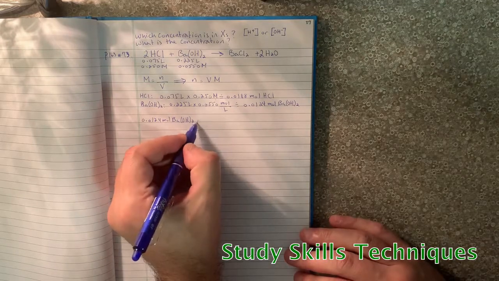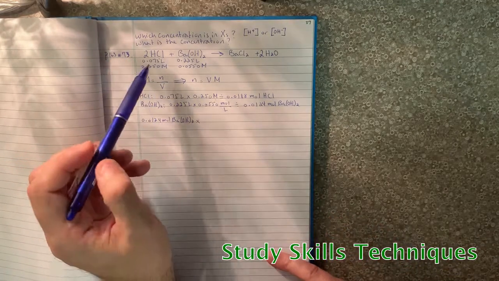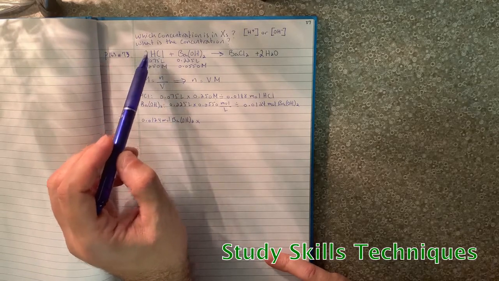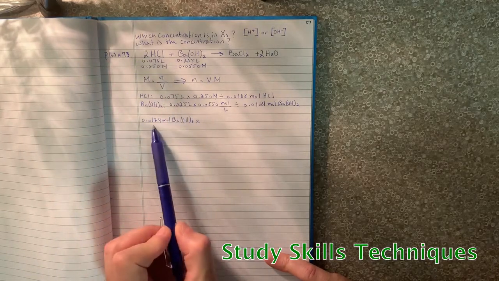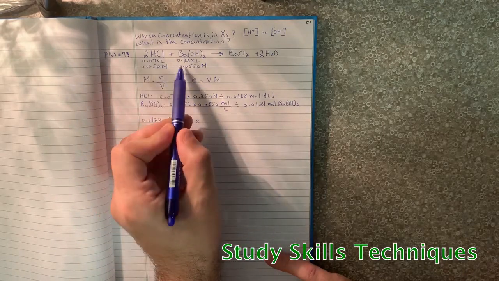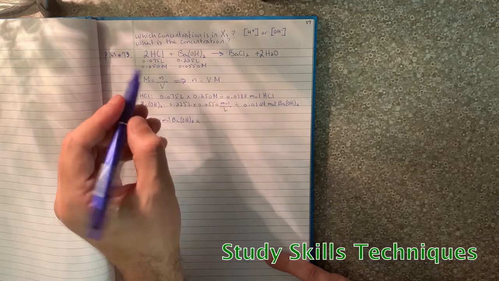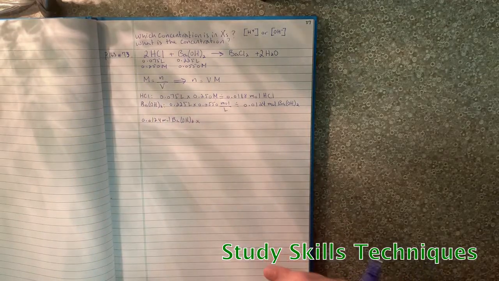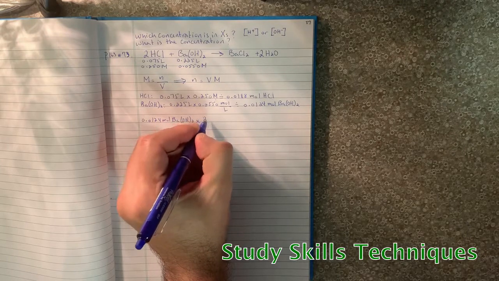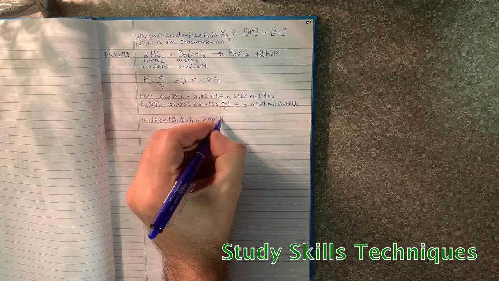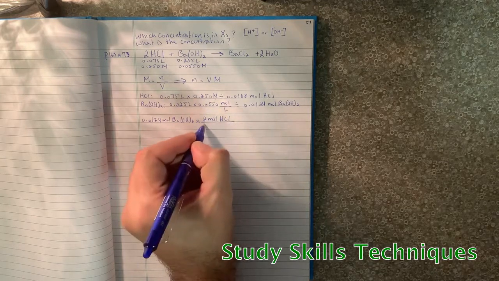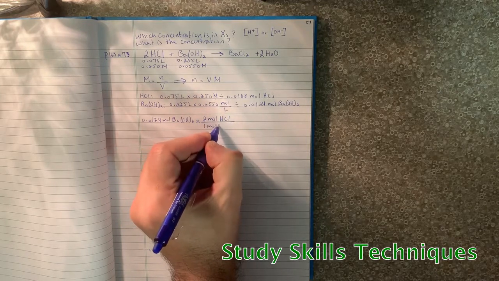So now to determine the number of moles of HCl required to consume 0.0124 moles of barium hydroxide, I have to go back to the balanced chemical equation and use the molar ratios. So in this case, I know that I have 2 moles of HCl for every mole of barium hydroxide.